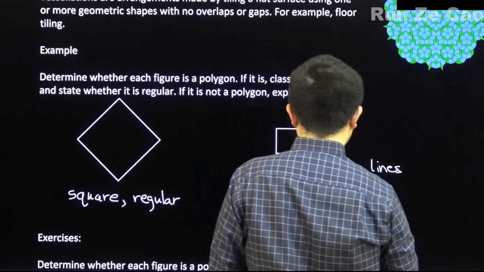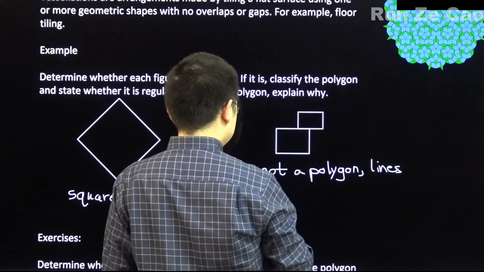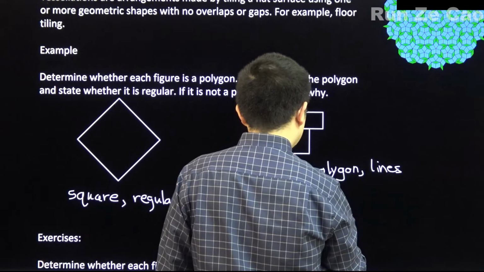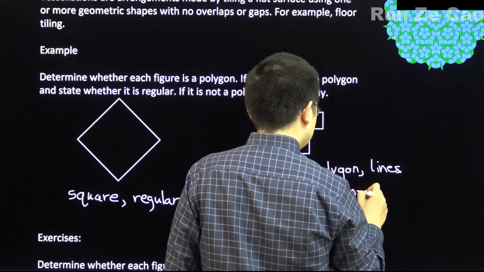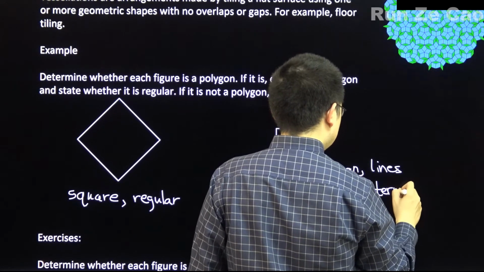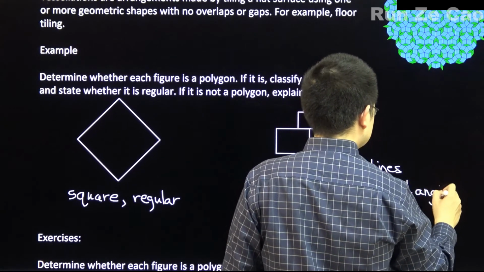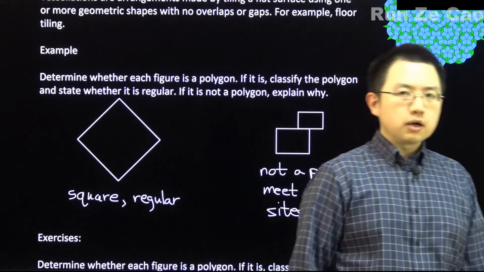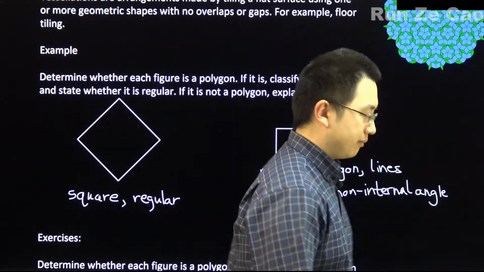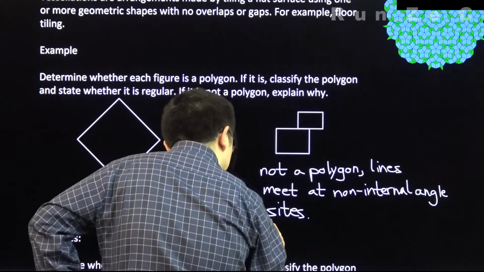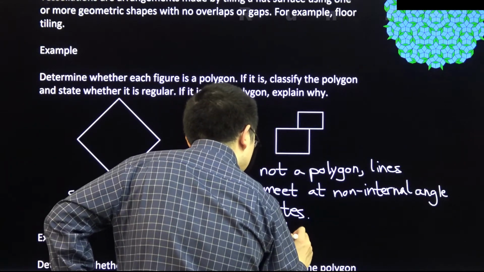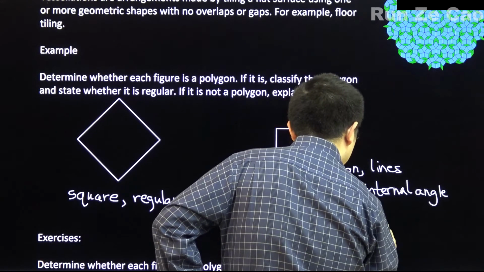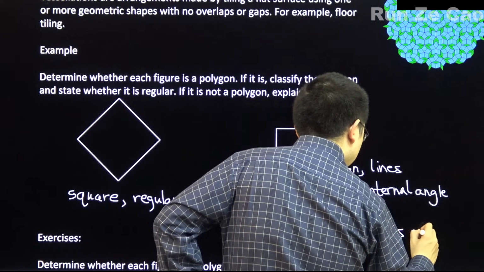Lines meet at a non-internal angle. In a polygon, you only ever have two lines meeting at a time, so not multiple line segments meeting.